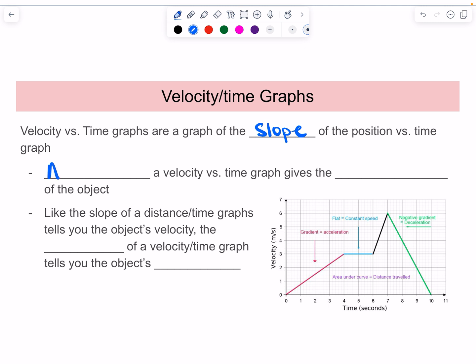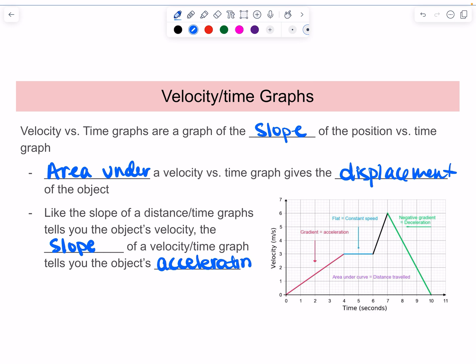First, area under a velocity time graph gives us the displacement of an object. And like the slope of a position time graph tells you the object's velocity, the slope of a velocity time graph tells you the object's acceleration or change in velocity.